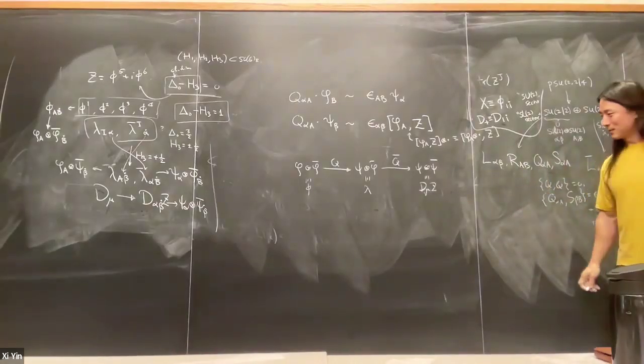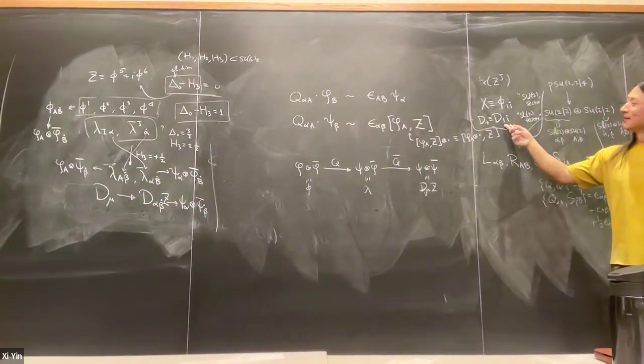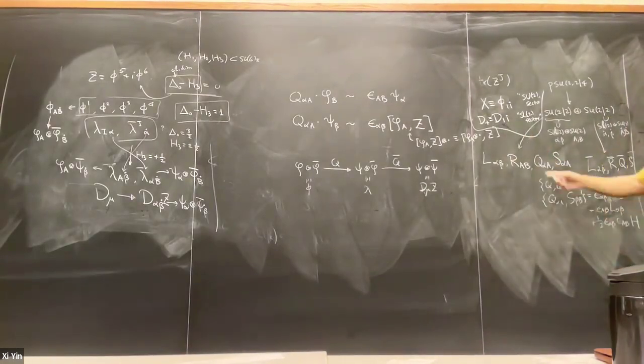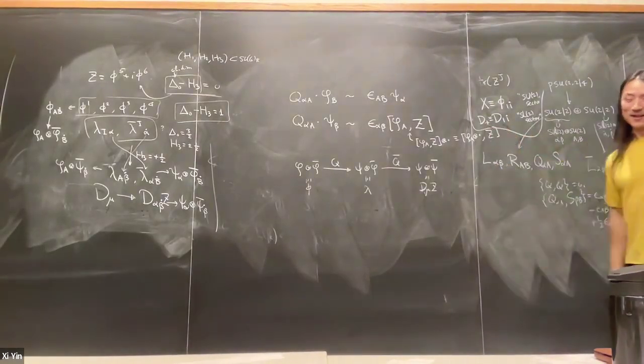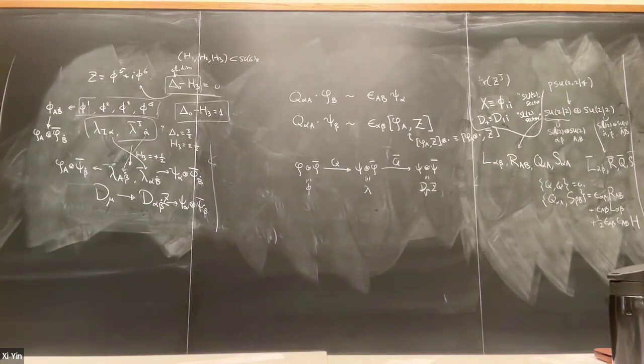So, for example, this fuzzy spinning string is going to be a state with a very large number of D plus excitations, larger compared to the length of the spin chain itself, I mean, in terms of the number of Zs.